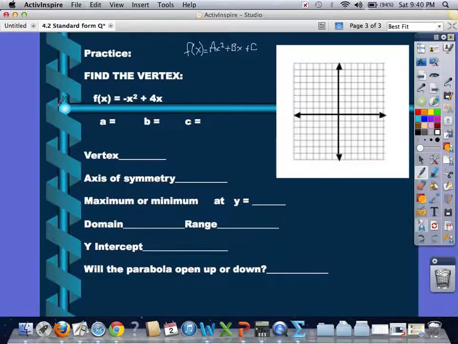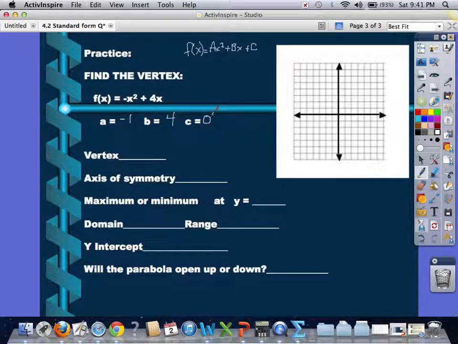So, looking at our equation right here, we have negative x squared plus 4x. So, our a term is negative 1, because remember, the 1 is really in front of that x. If there's not a number, it's really a 1, and this happens to be a negative, so it's a negative 1. Our b term, which is our linear term, is right here, and that is a 4. And our c is what? We don't have a c. It's like saying plus 0, so we're going to say 0.